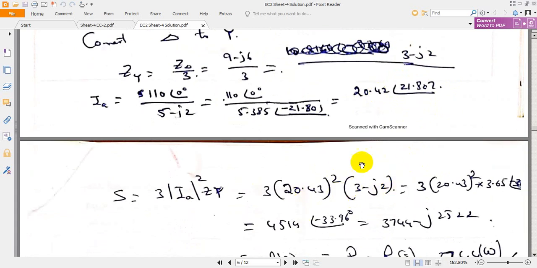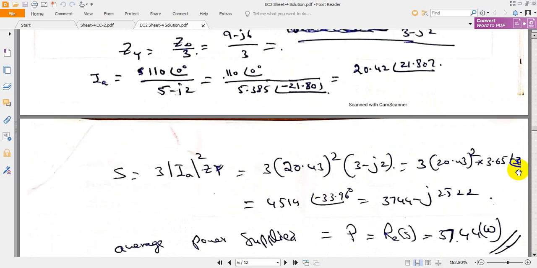When you evaluate this, convert the rectangular to polar, you will get 3.65 at an angle of minus 33.96. When you do the whole calculation, you will get 4514 at an angle of minus 33.96, and this forms your apparent power.